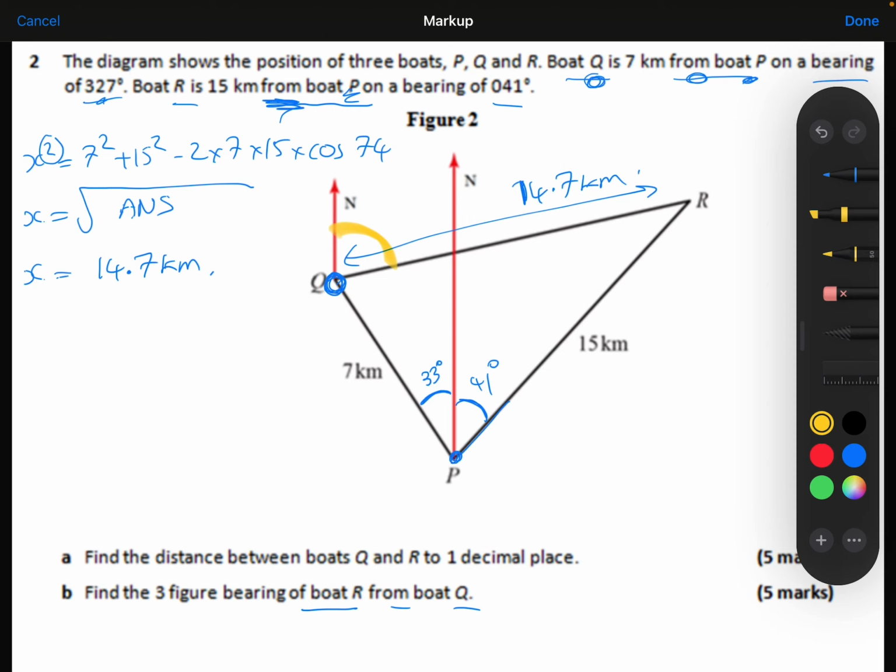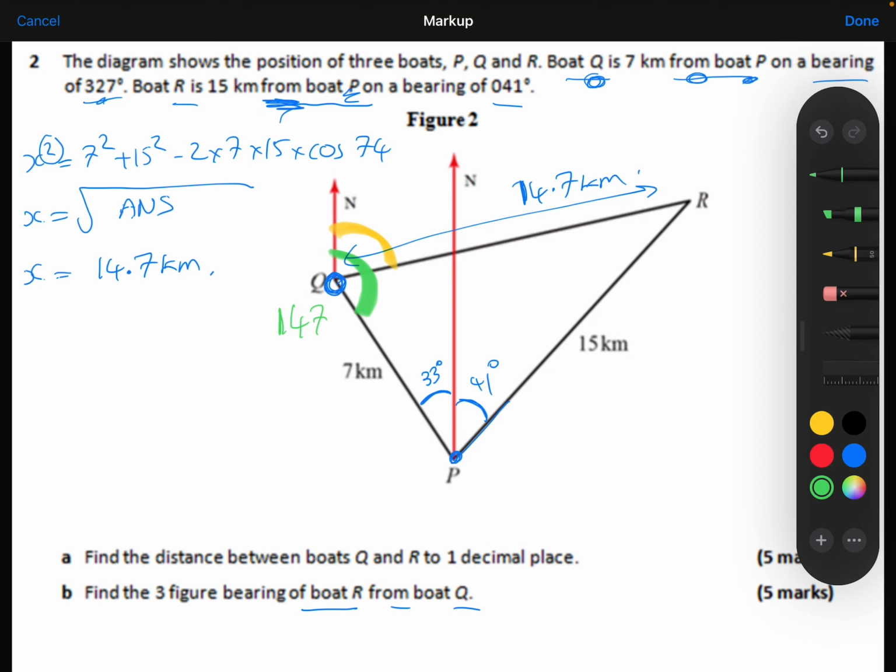What would that bearing be? Well, I already know that this whole angle here is going to be 147. So let me put that in green.